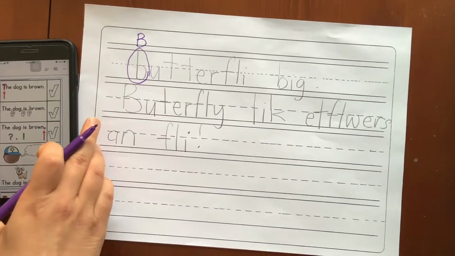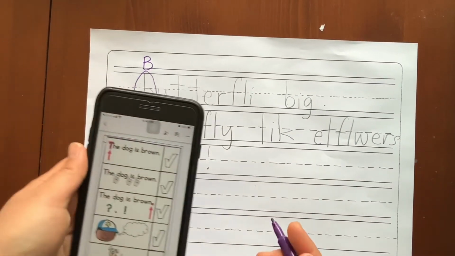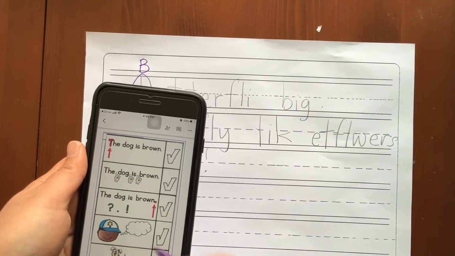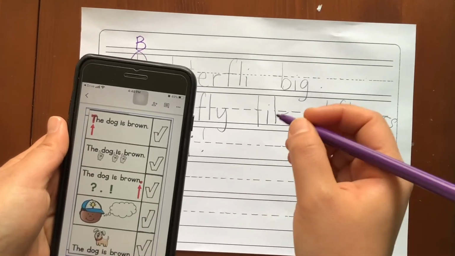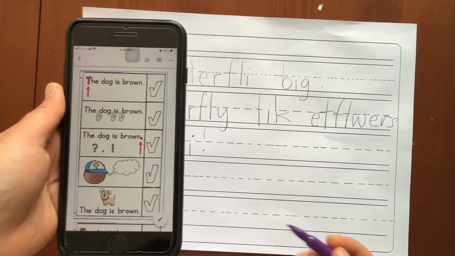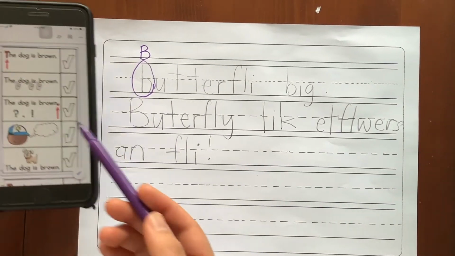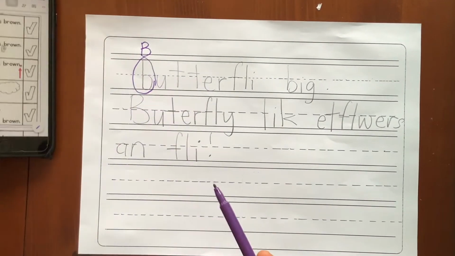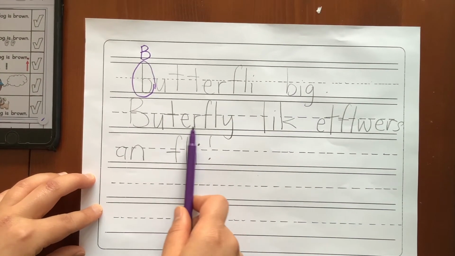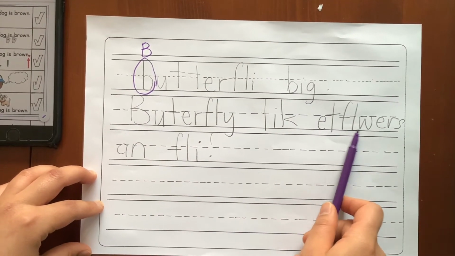Okay, and when you've gone through all of the sentences, you can take a whiteboard marker and check it off. And you can have your child do that. So make sure they are part of the editing process and you are just talking through the steps with them. So the next one is finger spacing. So again, we look at "butterflies big. Butterfly like eat flowers."